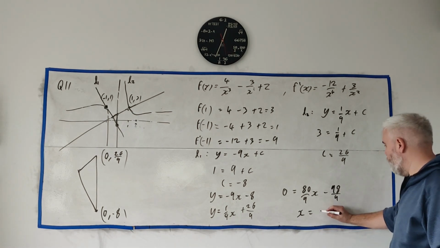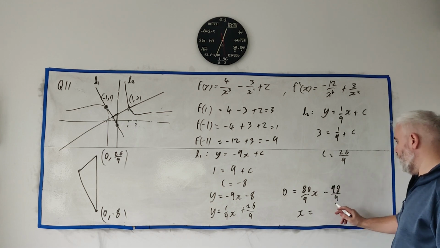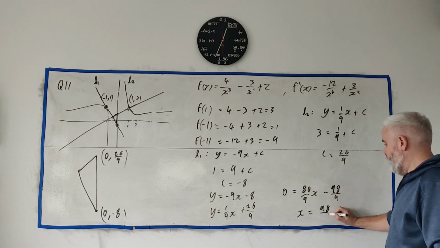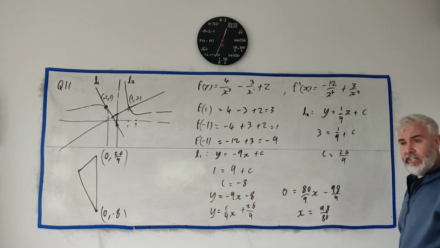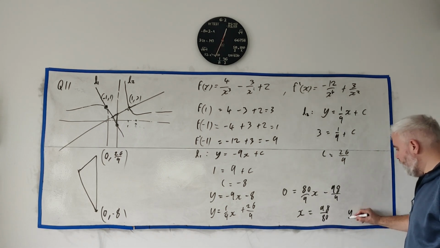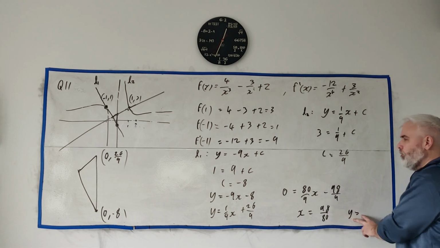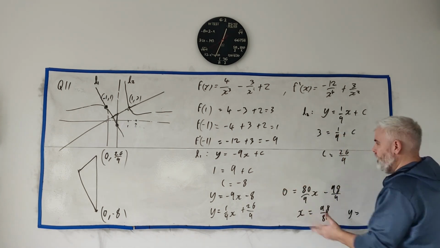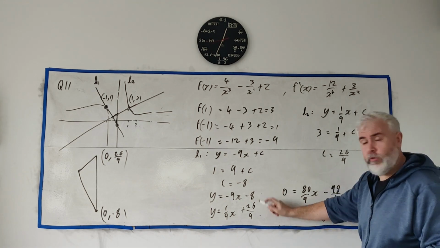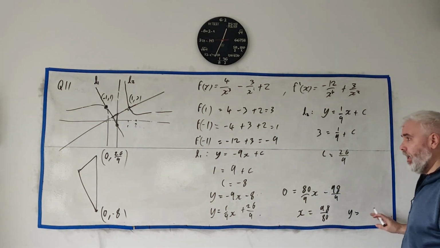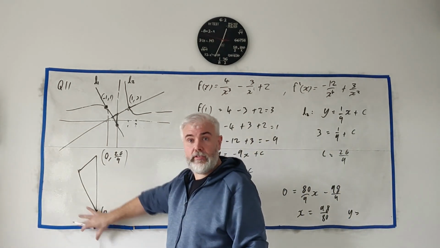Solve for this, we'll end up with x is equal to, let's see, 98 divided by 80. I'm sure we can break that down a little bit, but I'll just leave that for the moment. And we could go get y, put it back into either of these two equations, and find the 3 points.